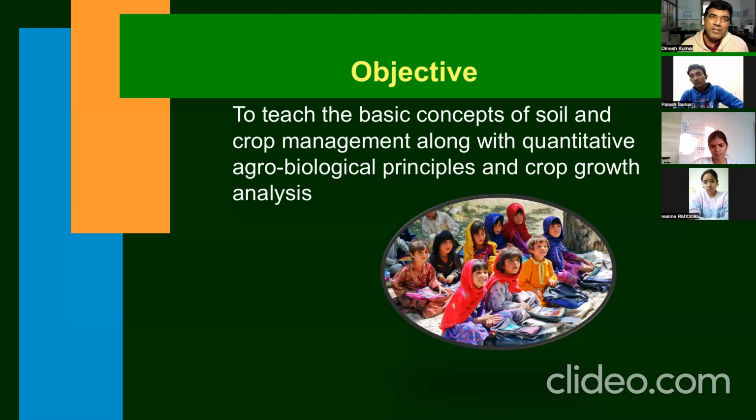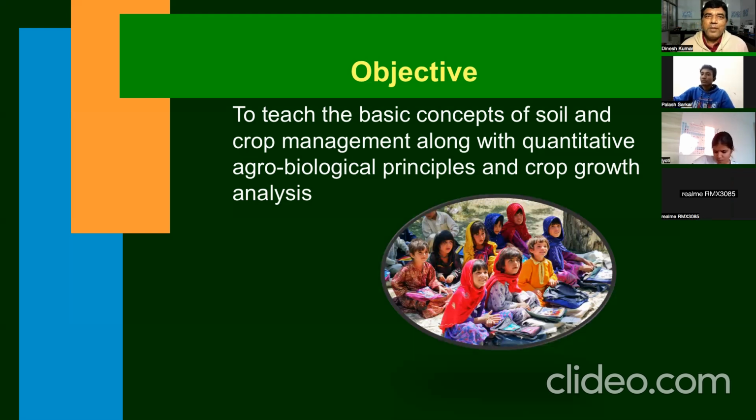Agronomy is considered as crop production and soil management. What for are we managing the soil? We are managing the soil for crop production. So ultimately, you can justify that agronomy is crop production. Science of crop production is agronomy. You can also say science and art of crop production is agronomy.